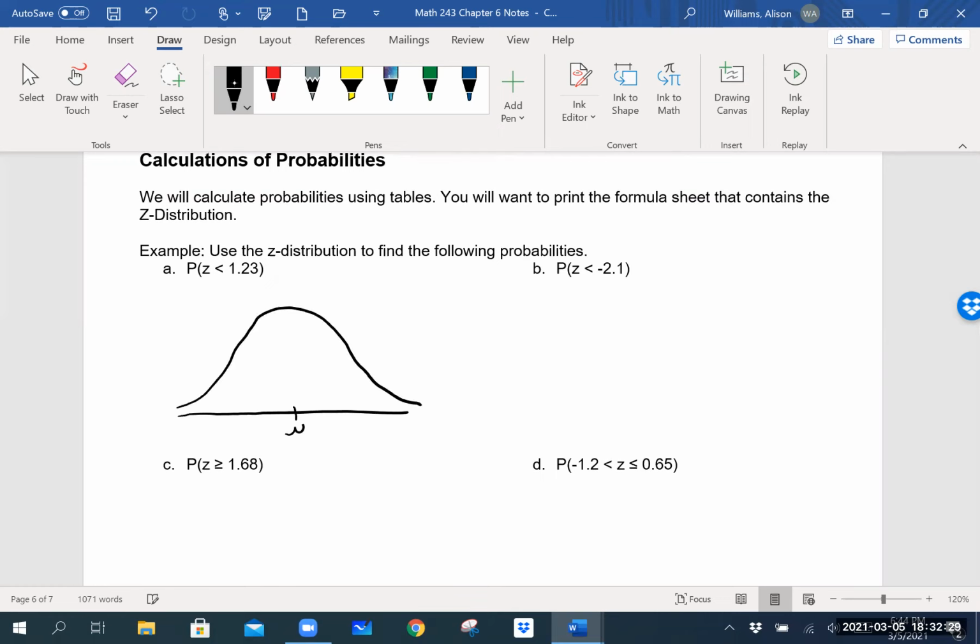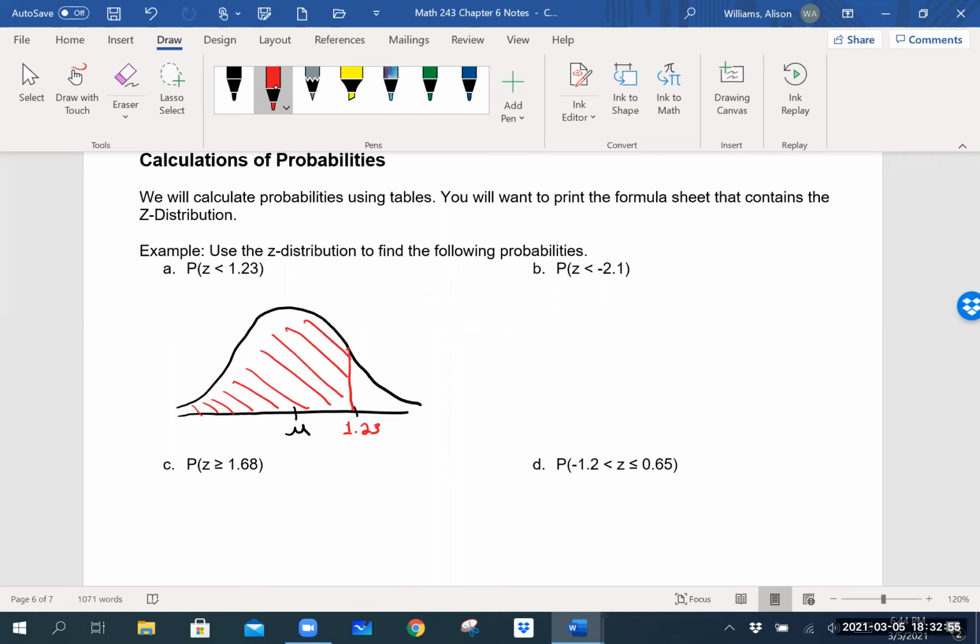You might recall that the z-score is how far a data value is away from the mean in terms of standard deviation. So when we have a z equaling 1.23, that's a little over 1 standard deviation away from the mean. I'll just put it right about here. And they want us to be finding all the probability that that value would be less than this amount, 1.23.